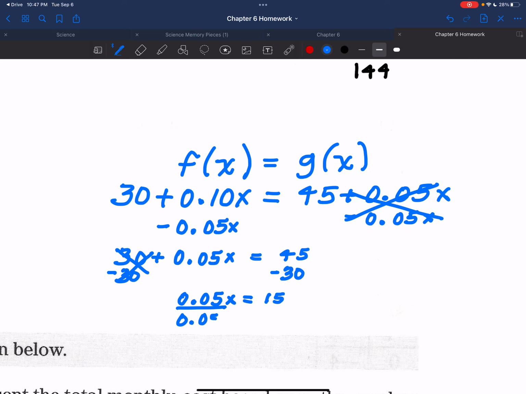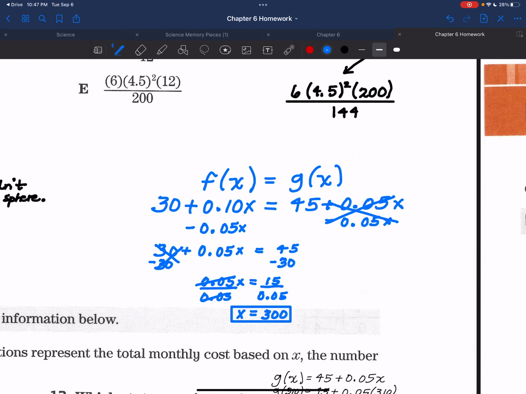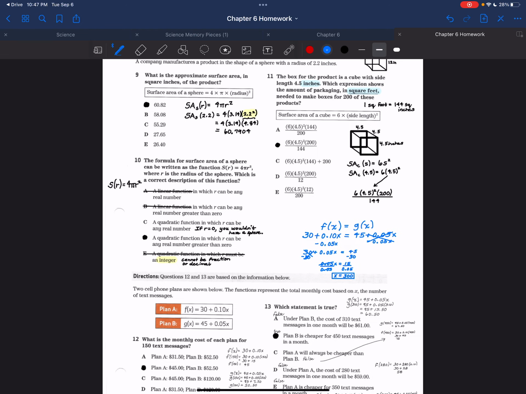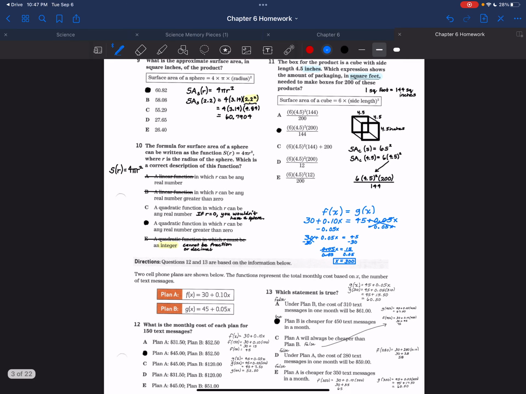Divide $15 by a nickel, and you will have the number of text messages. So 15 divided by 0.05 is 300. So if you have 300 text messages, it will not matter which plan you have. The plans would be equal at 300 messages. They didn't ask me that, but a lot of math tests do. So I just wanted to remind you of how that's done.